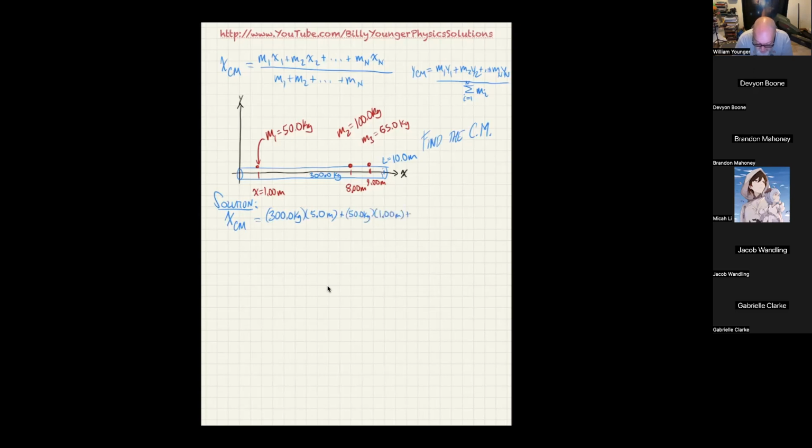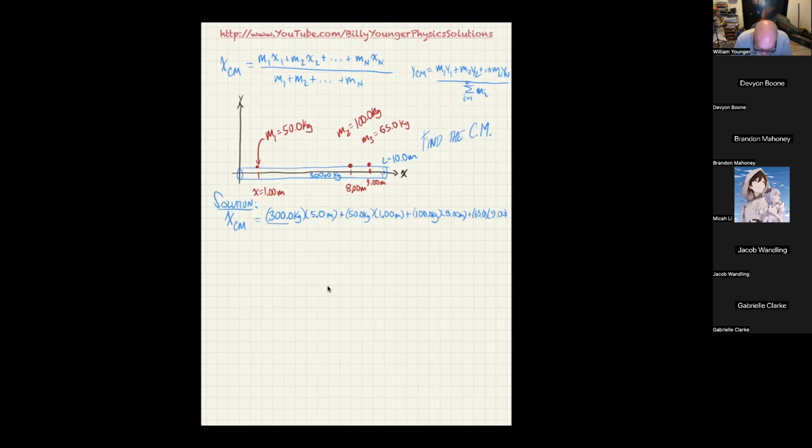And then I'm going to take the 100 kilograms, and multiply that by 8.00 meters. And then finally, the 65 kilograms, I'm going to leave the units off here because I'm running out of space. The 65 kilograms times the 9.00 meters.